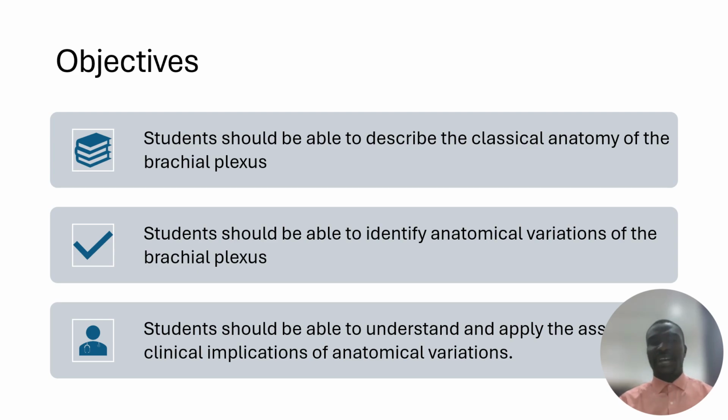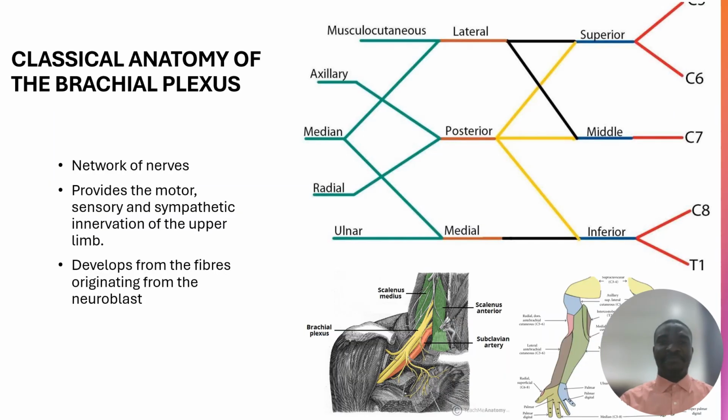And then we'll also have some level of interactive quiz to be able to reinforce key concepts. So by the end of the class, I'm sure we'll be able to understand the different approaches that one can take and how one can be able to make use of the knowledge of anatomical variations in making clinical decisions.